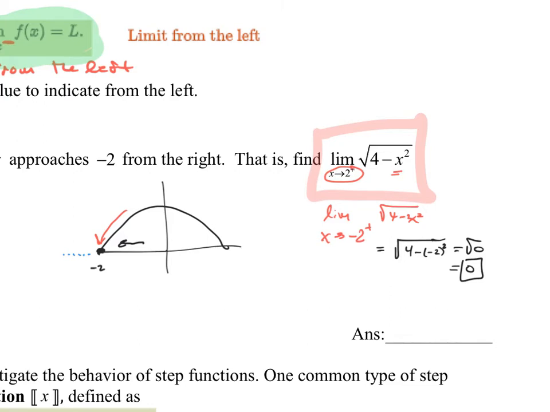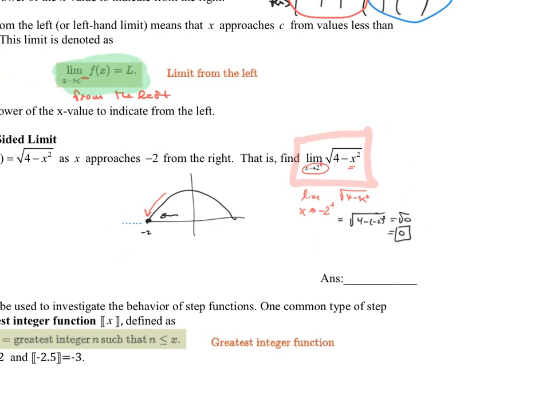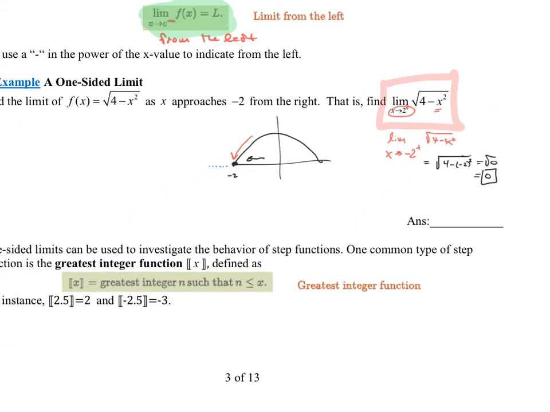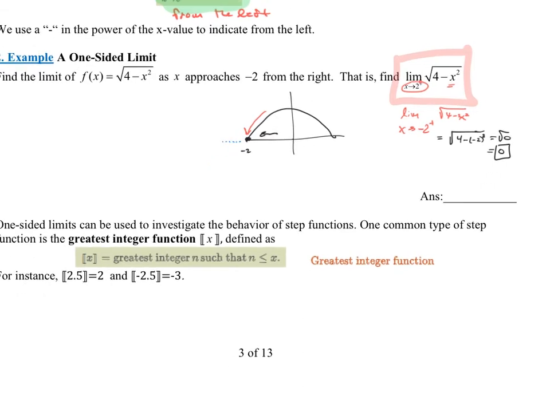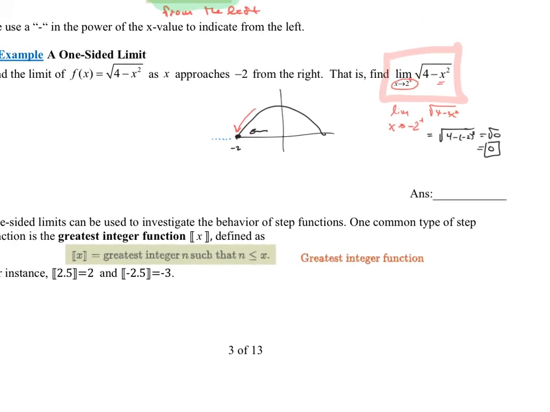If I said, what is the limit as x approaches negative 2, and I didn't say left or right, even though you could plug in the number and get 0, it still wouldn't work, because that's one of the places where the domain is restricted, and we have to be very careful. So, one-sided limits, yeah, just plug them in. You can think about it that way, but be very careful because it might exist from one direction but not the other.